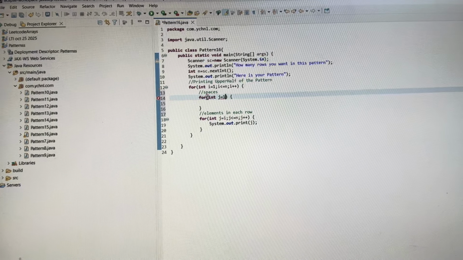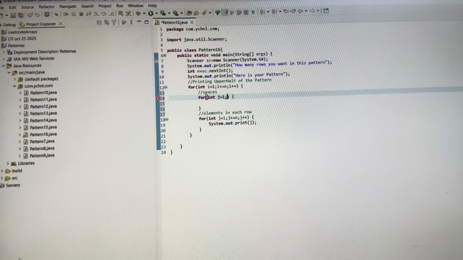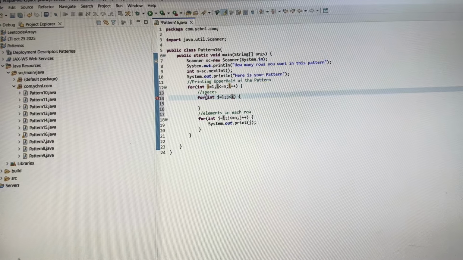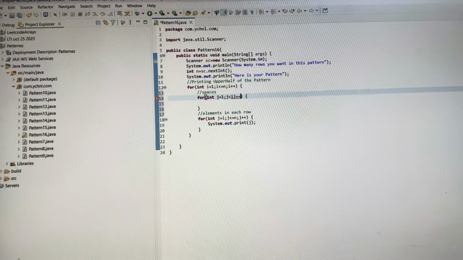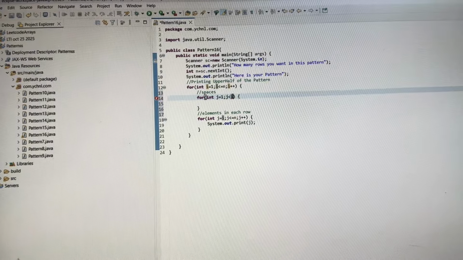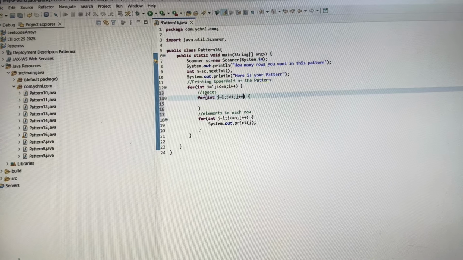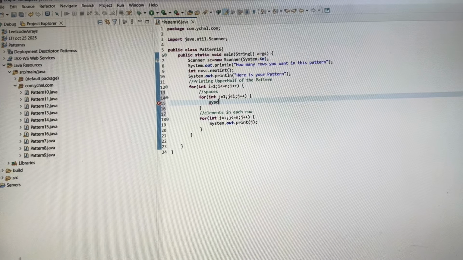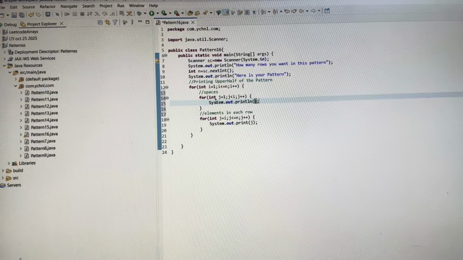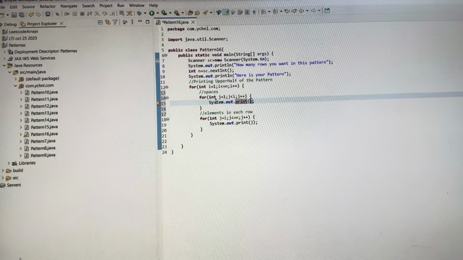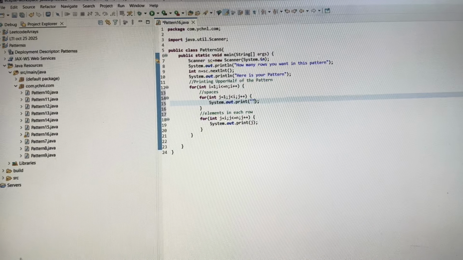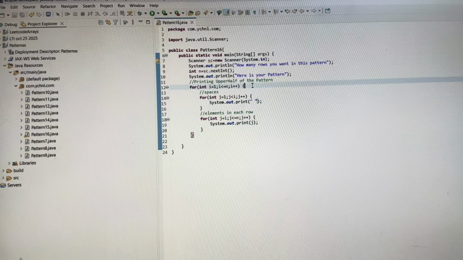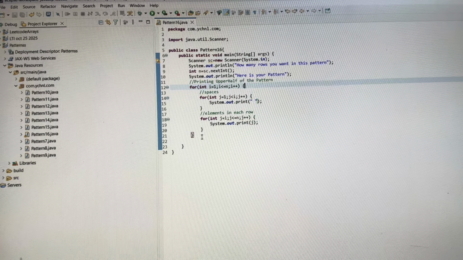So we have to write j is equal to 1, j less than i, j plus plus, and print a space. So this is how the upper pattern is printed.